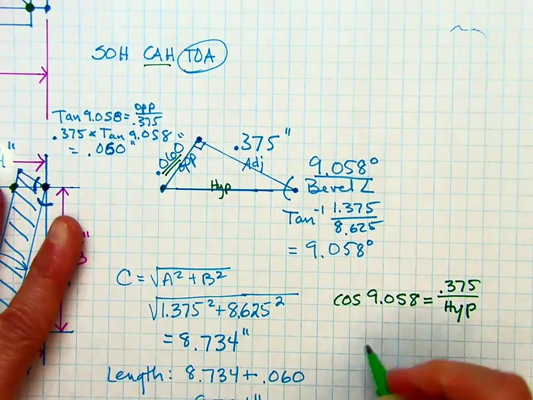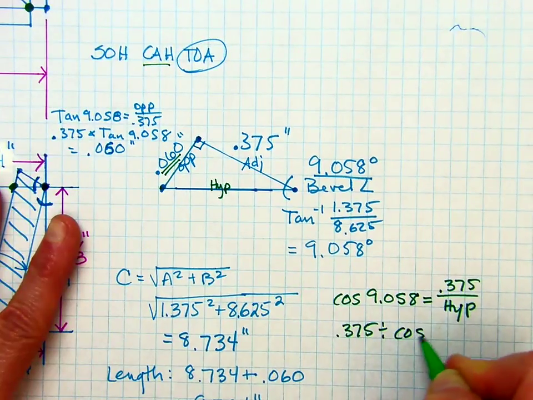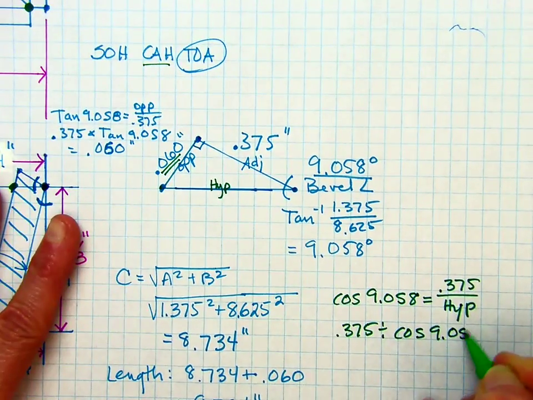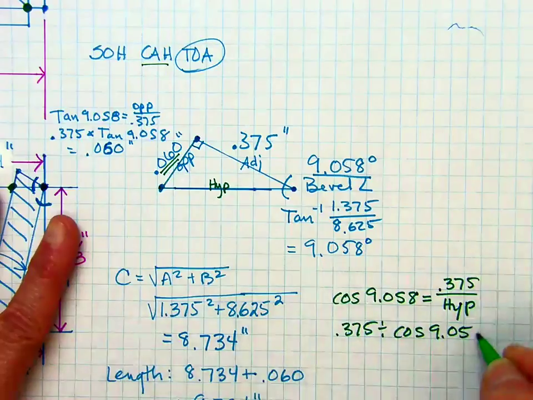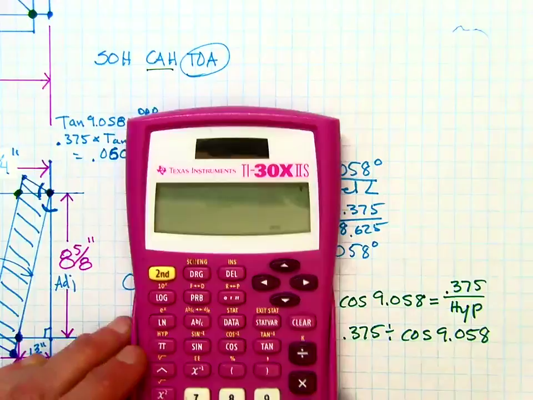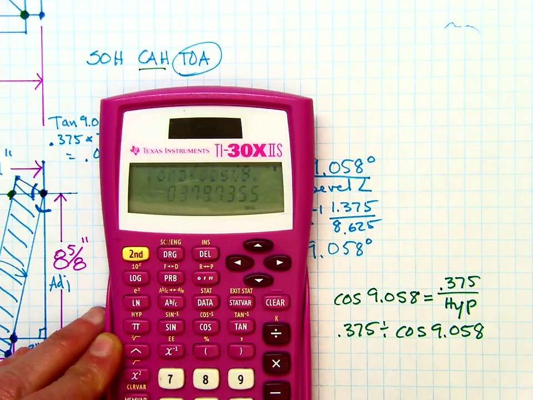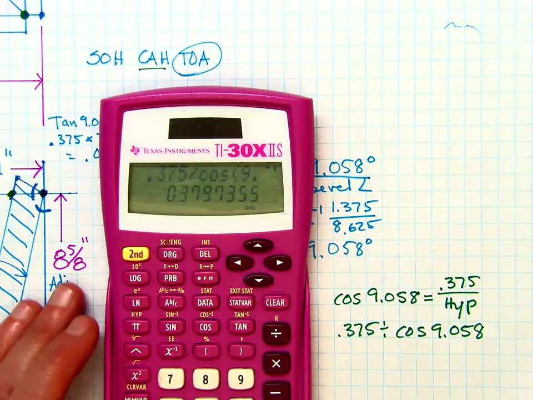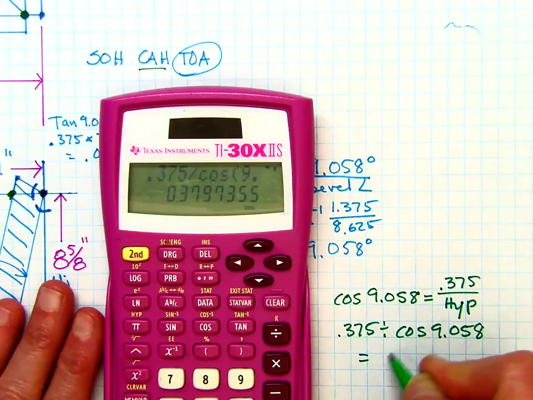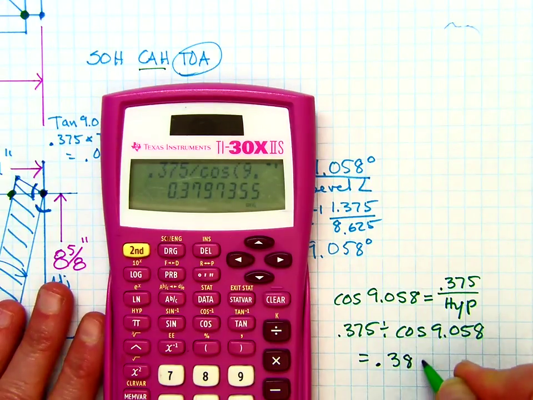That's going to be a division problem. Excuse me. Let's plug that in. It's a little bigger than the thickness, 0.3797. So I'm going to make that 0.380.